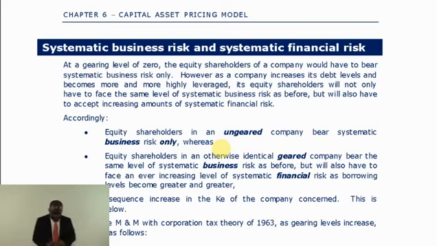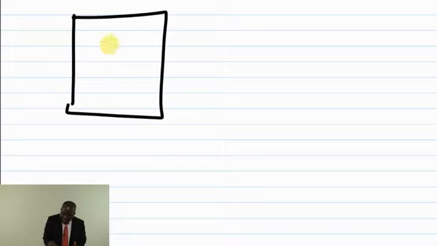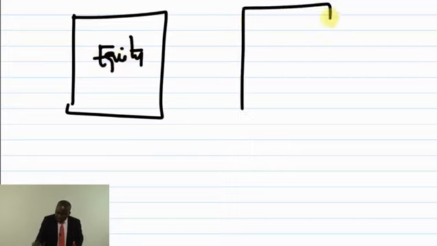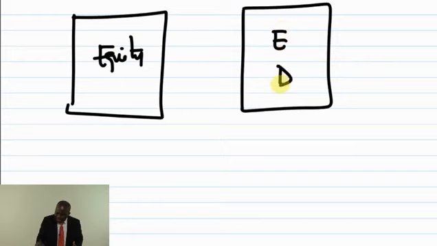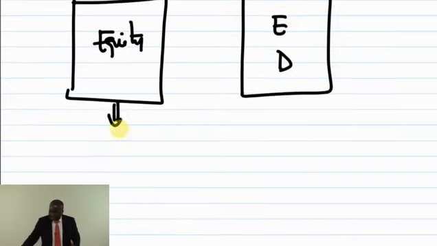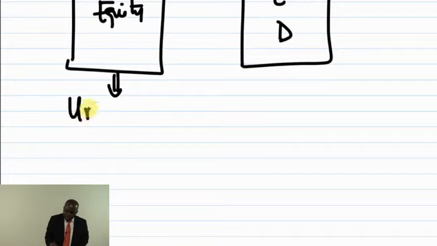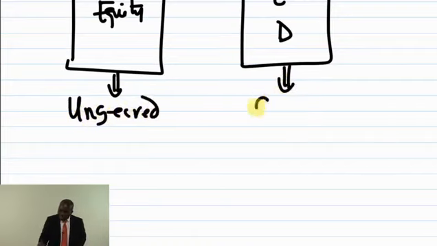So be with me. This morning, earlier, we said that a company can have only equity, or a company can have equity and debt. When the company is having only equity, we call it ungeared. When the company is having equity and debt, we say it is geared.